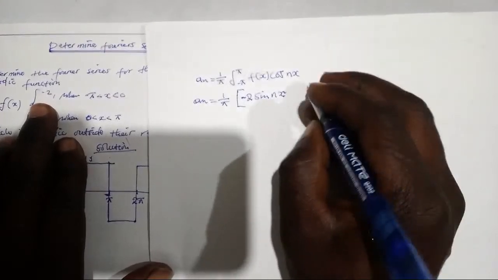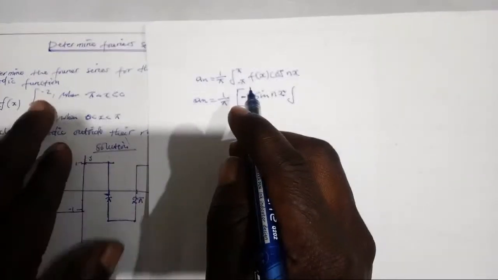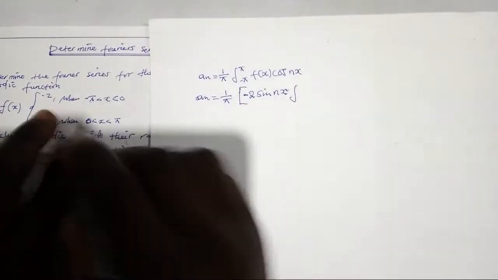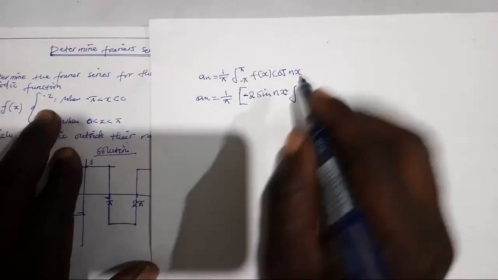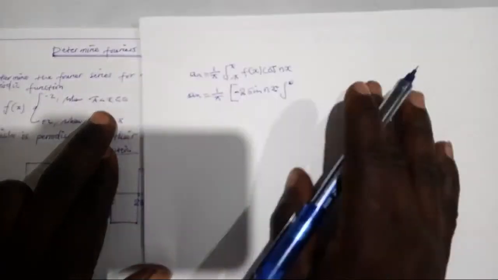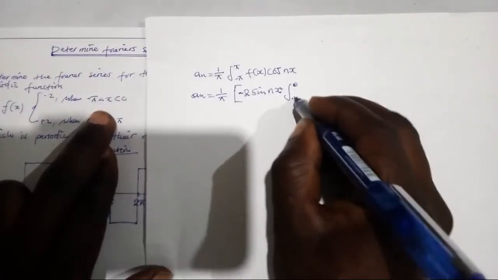Then you use this first condition here for minus 2, okay? For minus 2 here, the upper limit is 0, then the lower limit is minus pi, okay?